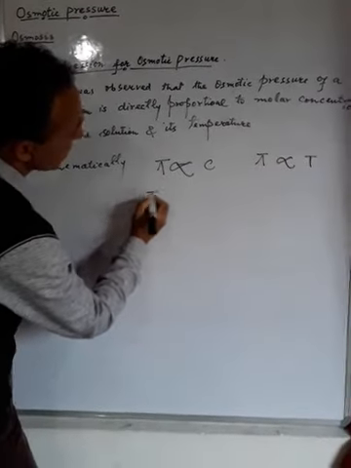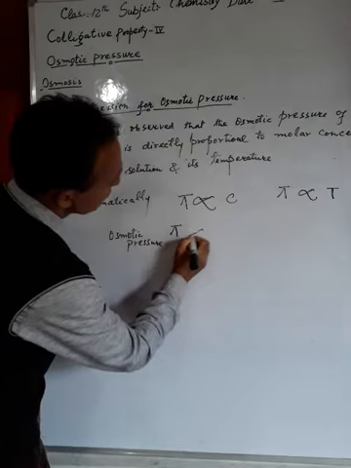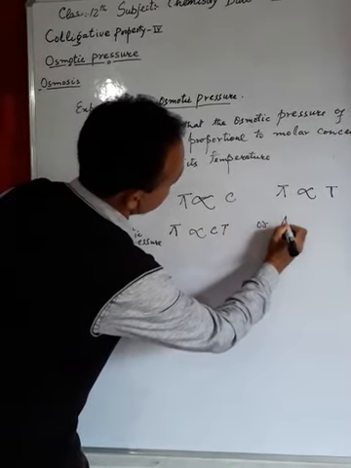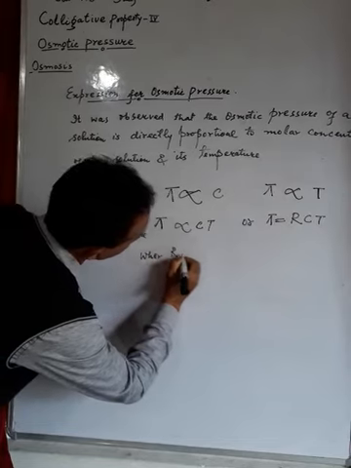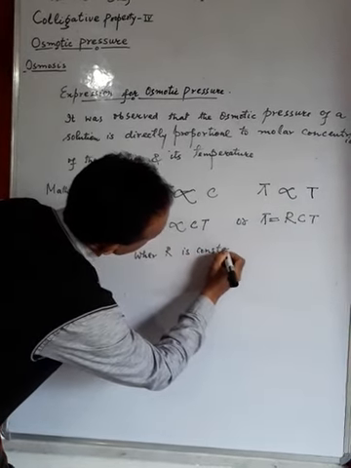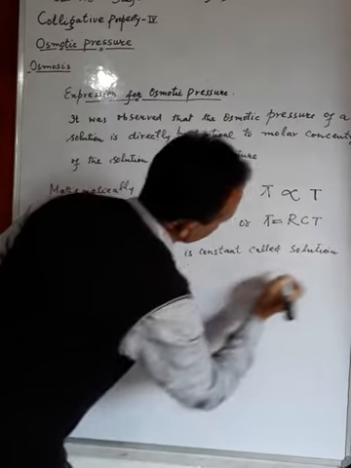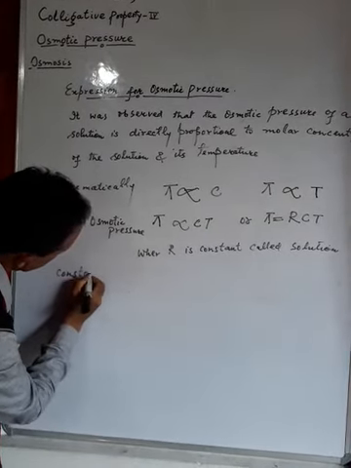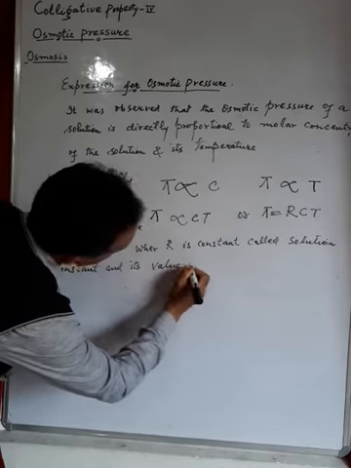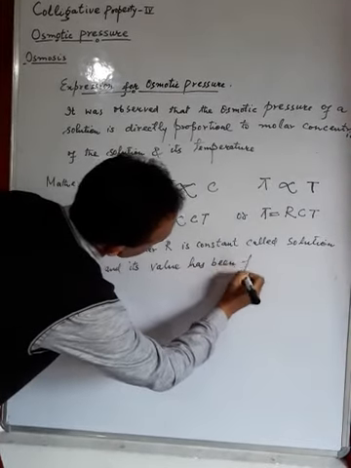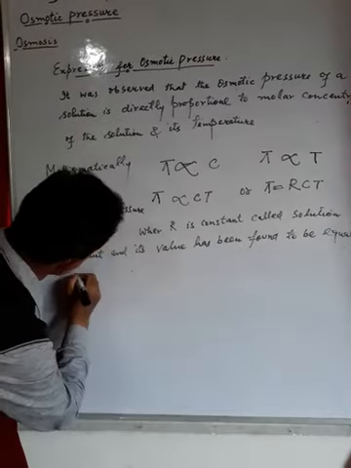So we can write pi is proportional to CT, or pi is equal to RCT, where R is a constant called the solution constant, and its value has been found to be equal to the gas constant.